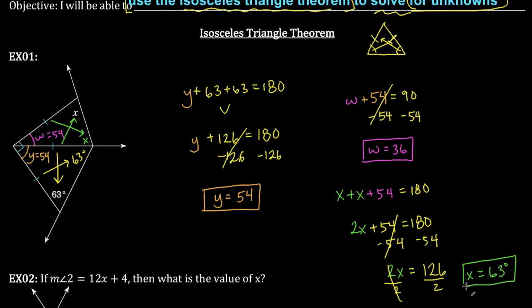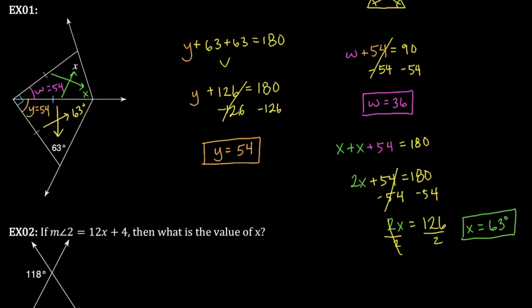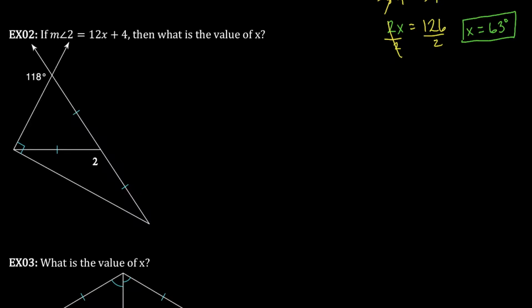Ooh, took some time. And okay, two more problems apparently. So if angle 2 is 12x plus 4 degrees, what's the value of x?